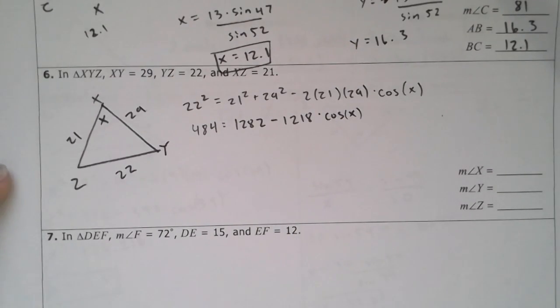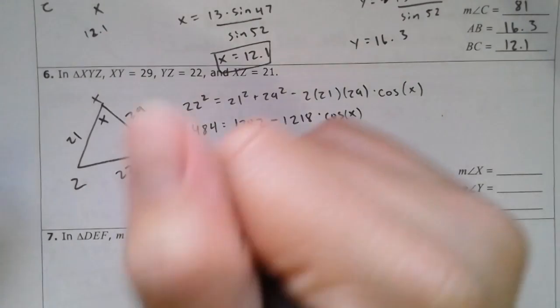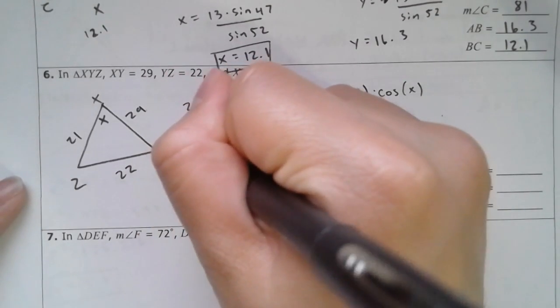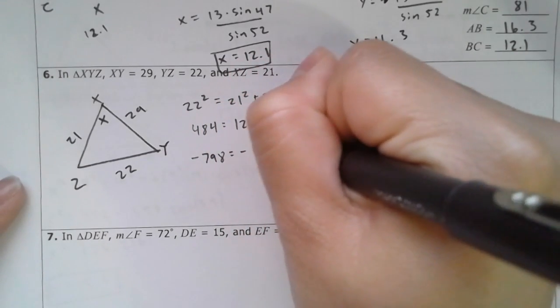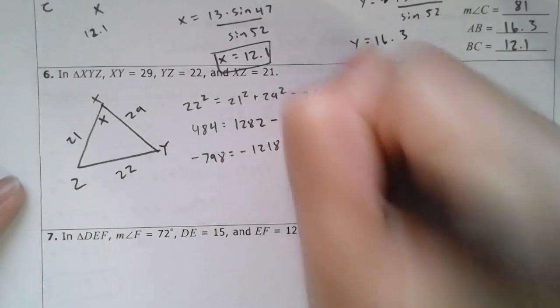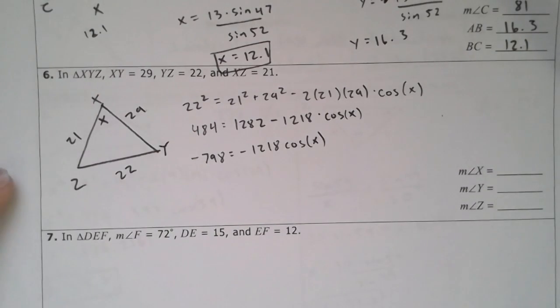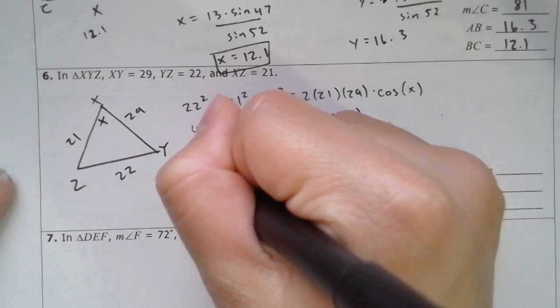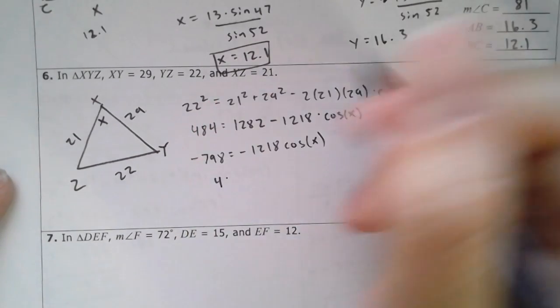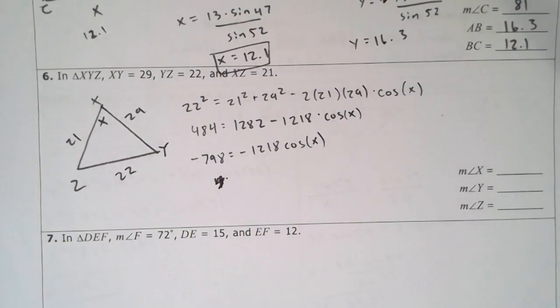Subtract 1282 from both sides, and you're going to get negative 798 is equal to negative 1218 cosine of x. Then you divide both sides by negative 1218. You're going to get a decimal. Let me see.